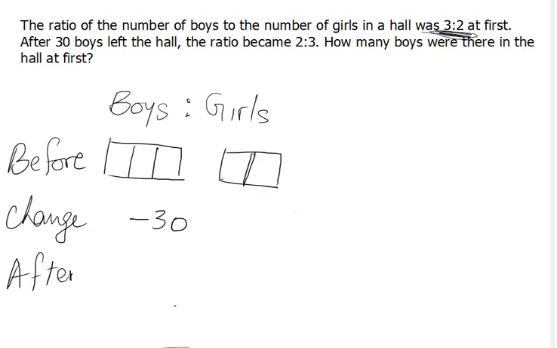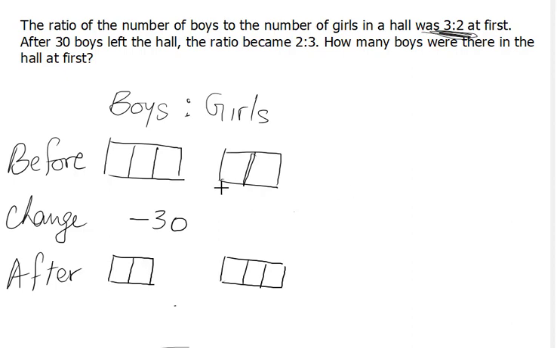So now let's say the after condition. After this change, what happened? The ratio became 2 is to 3. Now since the number is reduced, we know that it's going to be something smaller, so I'm just going to put something like this. Let's say 2, and here it's going to be 3, right?